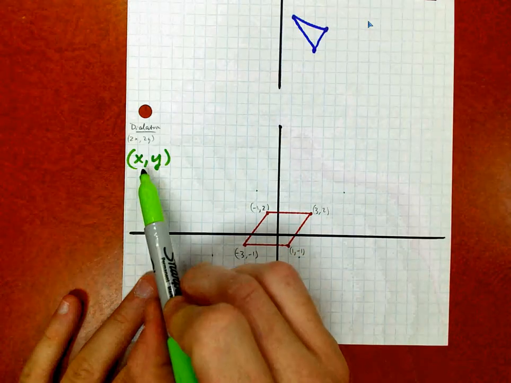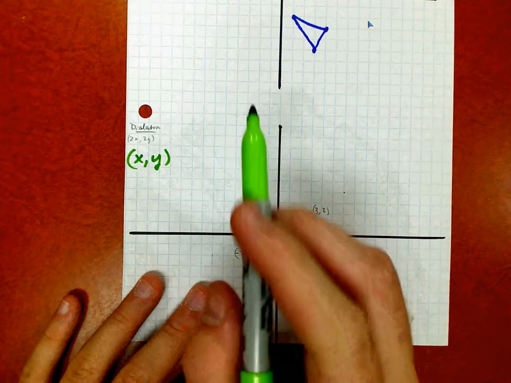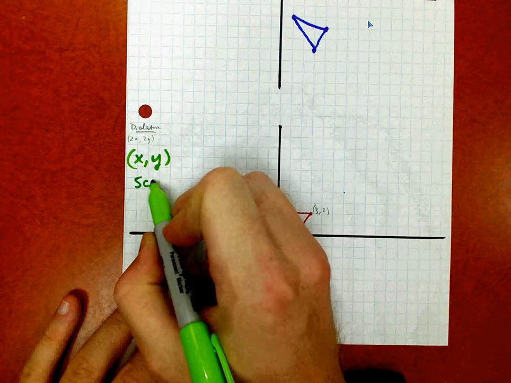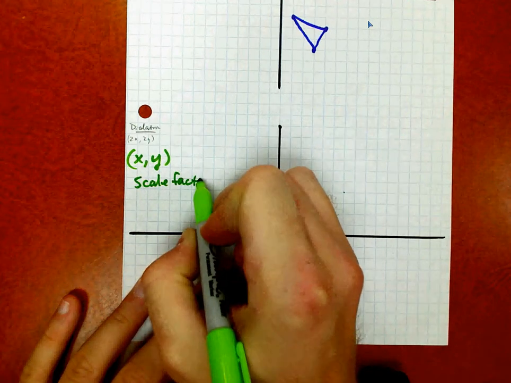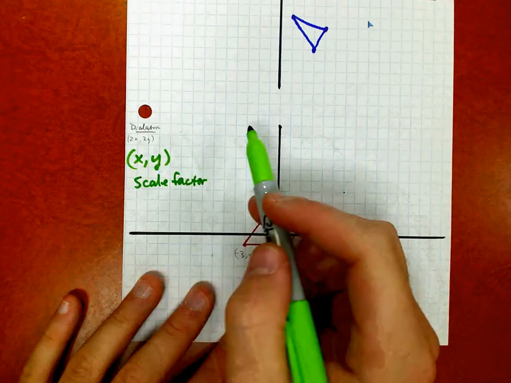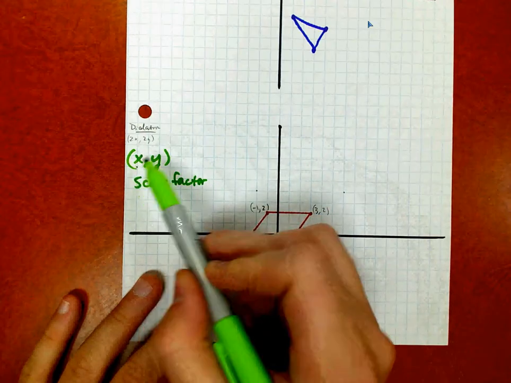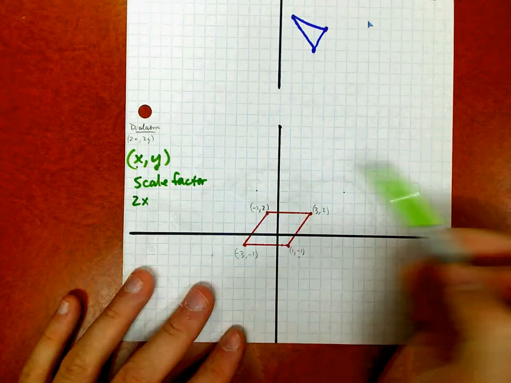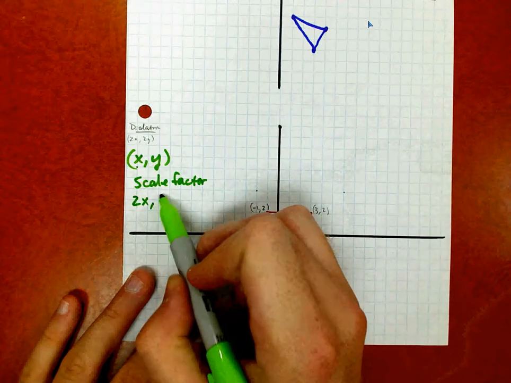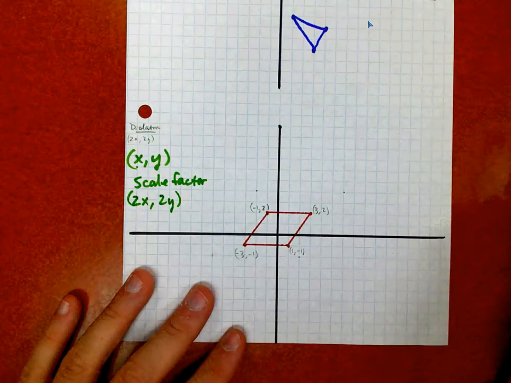Here we're going to multiply both of them by a constant value that we call a scale factor. So here we're looking at a scale factor of 2. Every x coordinate will be multiplied by 2, and every y coordinate will be multiplied by 2.